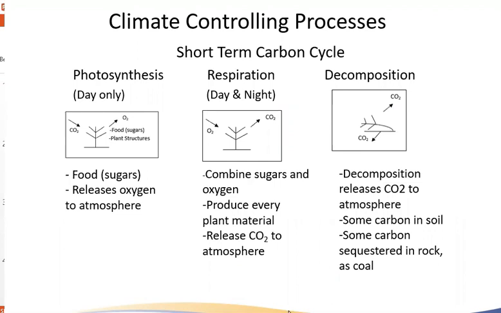So during the day, plants combine, in the left-hand picture there, water, carbon dioxide, and sunlight in the presence of a catalyst called chlorophyll. And that produces the sugars and the starches that the plants use for their life cycle. And they release oxygen into the atmosphere as a byproduct.